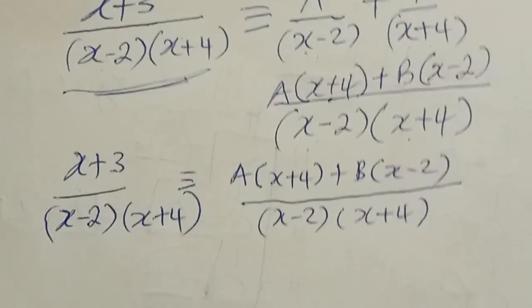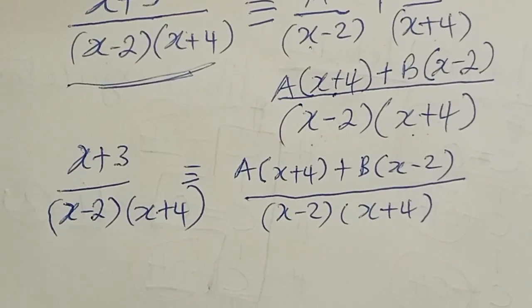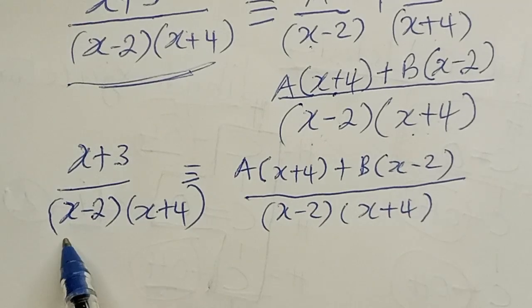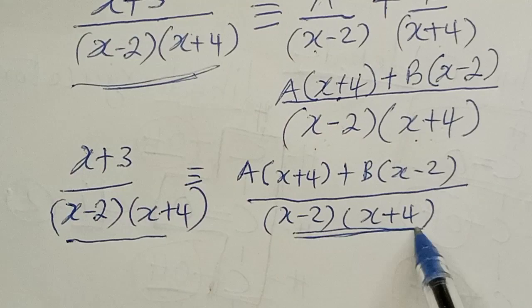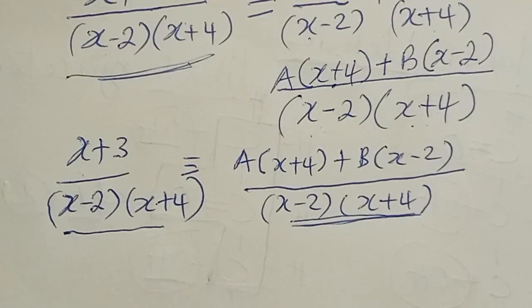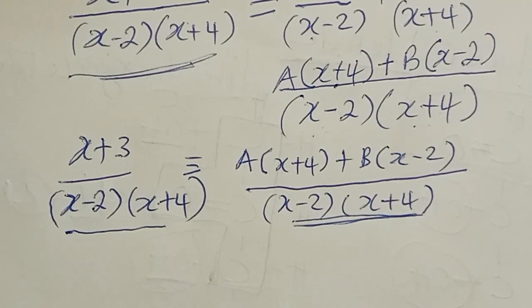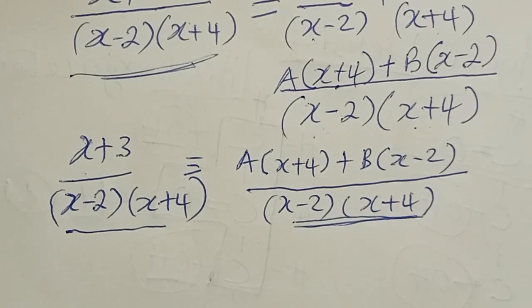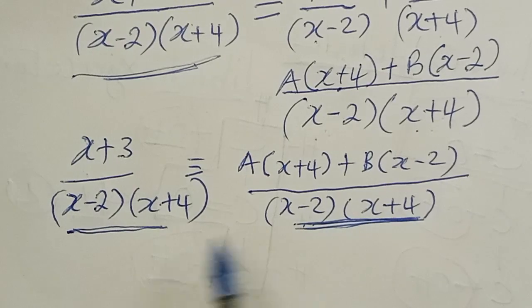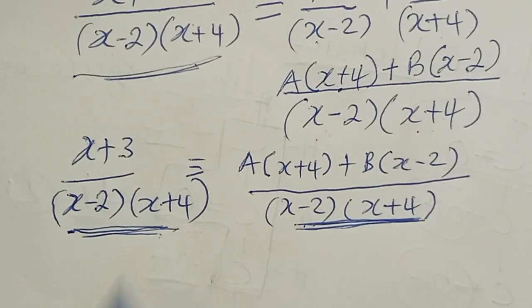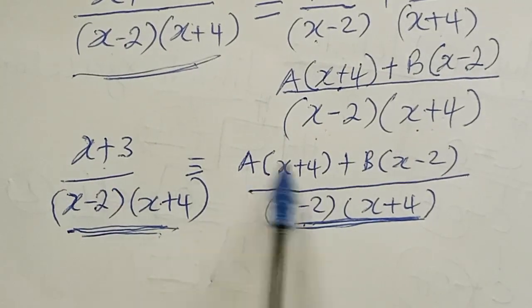Now, if you look here, you will see that the denominator here is the same as the denominator here. And based on one of the rules of partial fractions, if the denominators are the same, then the numerators must also be the same.